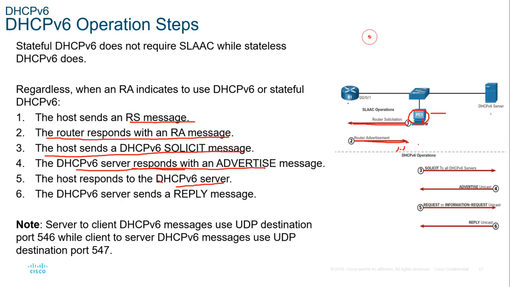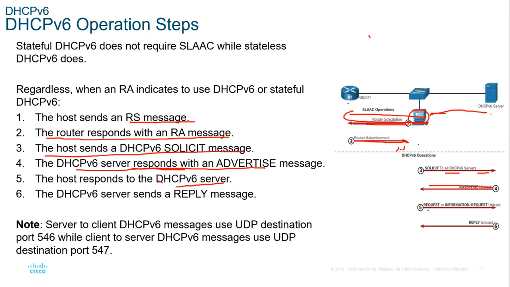Even when stateful DHCP is used, the PC is going to first consult the router, and then the router replies with an advertisement. The advertisement is going to contain the instruction to consult the server. Then the PC sends a request to the server, and the server replies back with an advert.